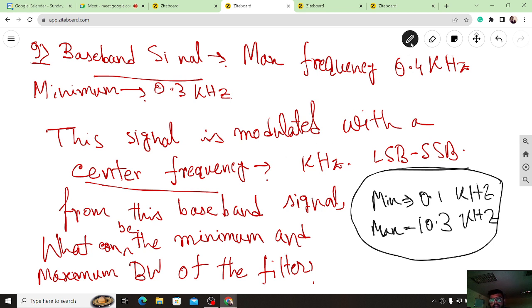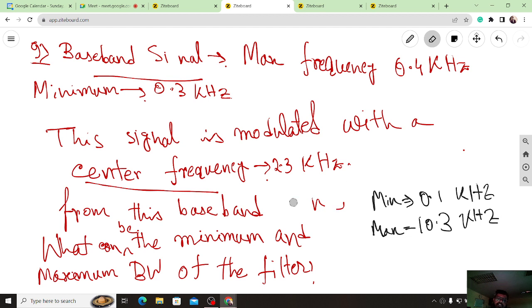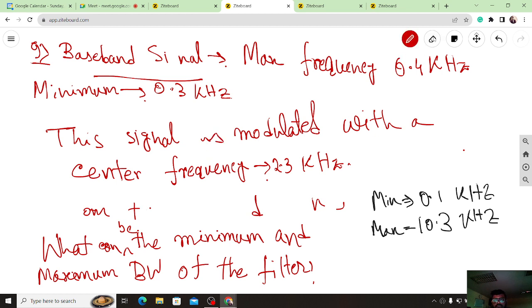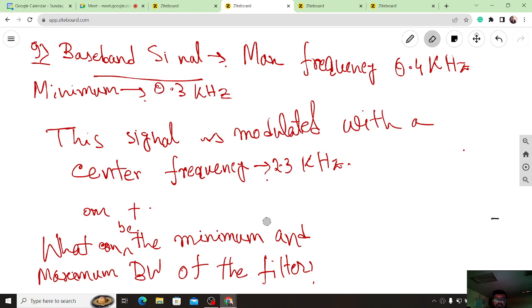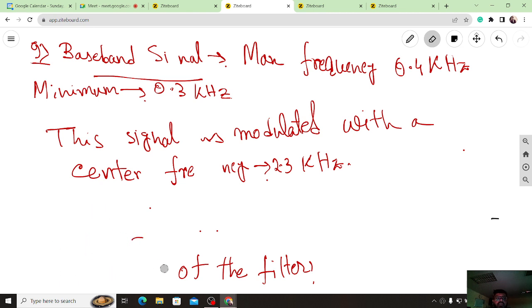Now we are modulating by a carrier of 2.3 kilohertz instead of 10 kilohertz, and again we are forming an LSB SSB signal, but this time with a filter.